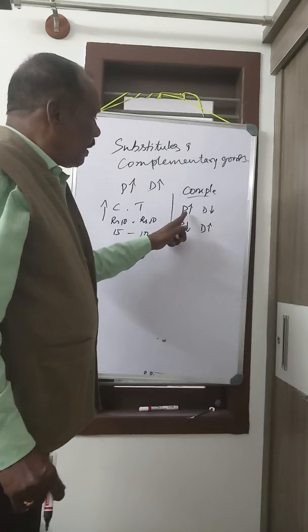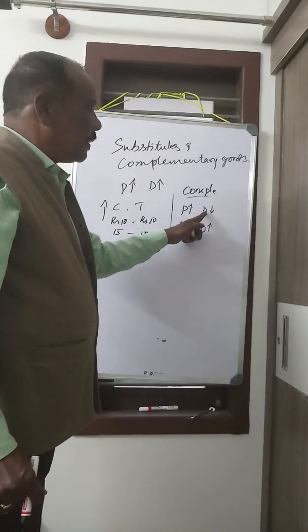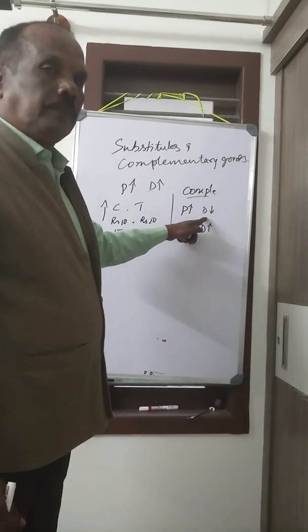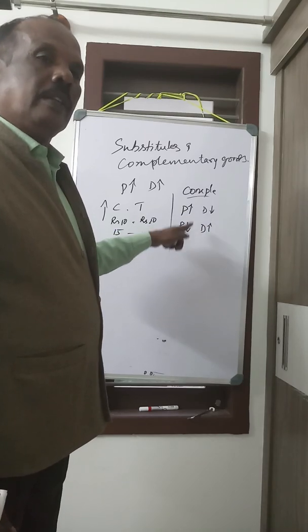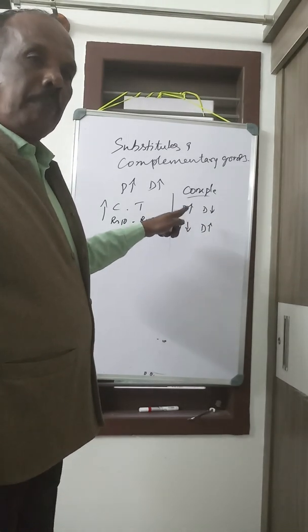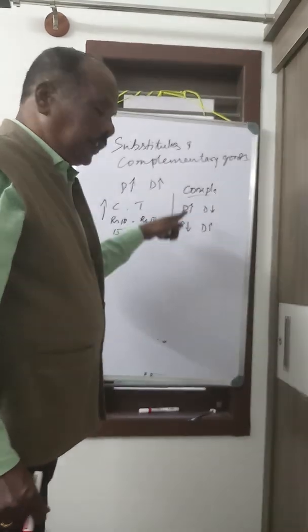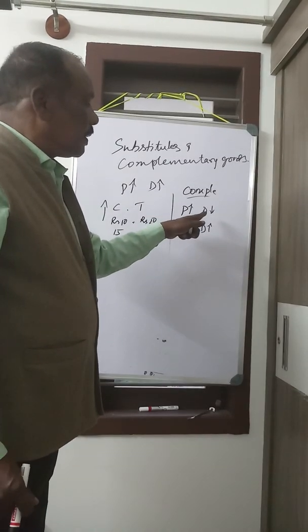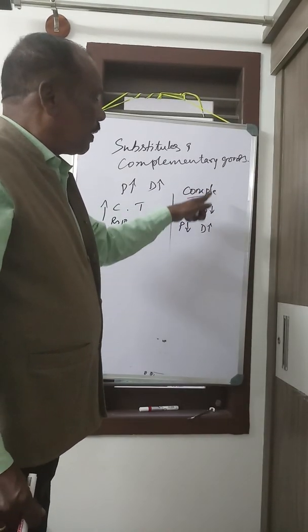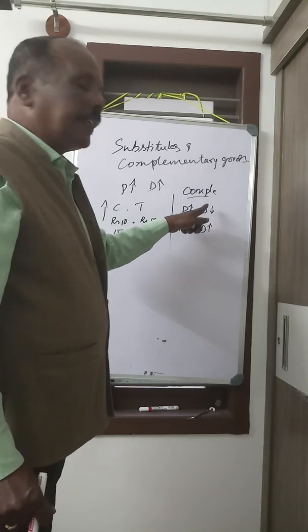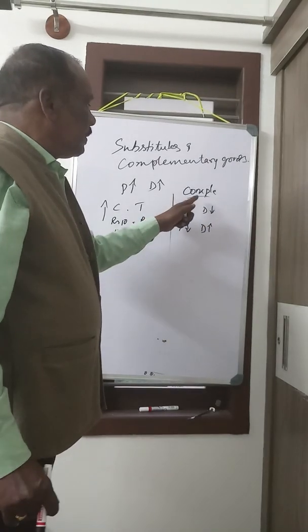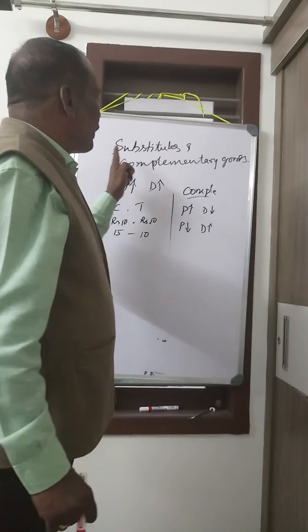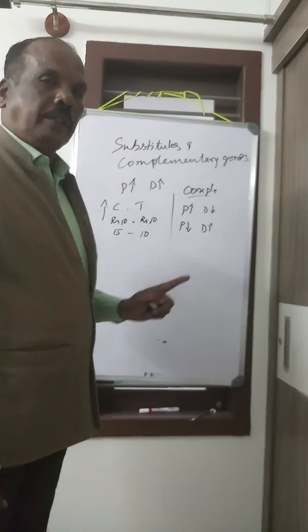And if the price of petrol rises, the demand for car falls. That means when the price of petrol decreases, the consumer will demand the complementary good, that is car. So these are the differences between substitutes and complementary goods.